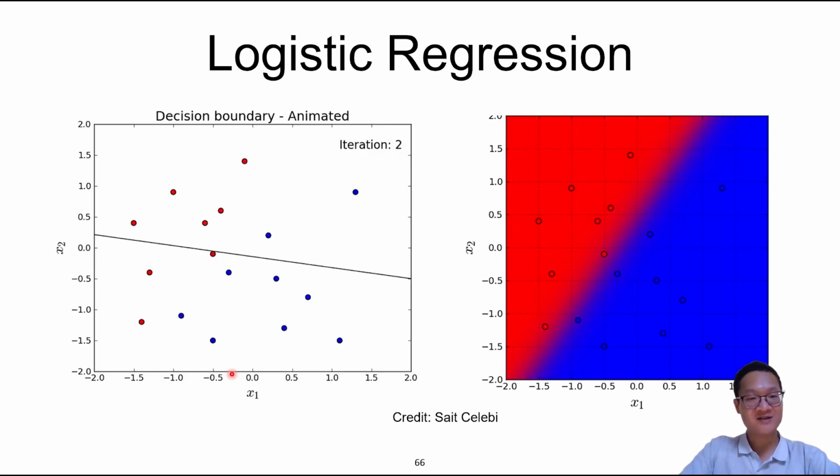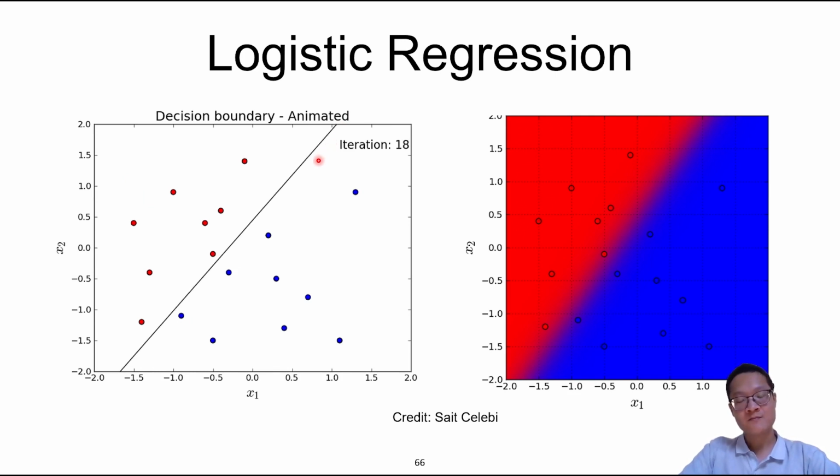Here we have the blue and red data points, and initially we randomly initialize the decision boundary, and after a few iterations, the decision boundary converges to something reasonable. This is actually the output of the sigmoid function. We can see that we have a 1/2 in here, and then 0 and 1 on the two sides.